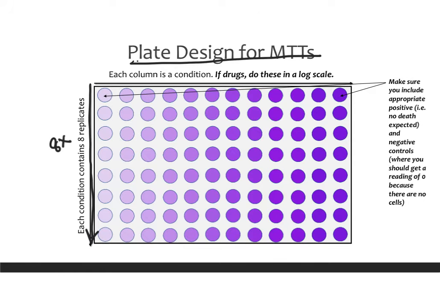If it is a drug, it's important to do these in a log scale. So you don't want to do like 10, 20, 30. Instead, you want to do something that jumps a little, so it's tight around the range that you're expecting, and then sort of loosens up as you go up.